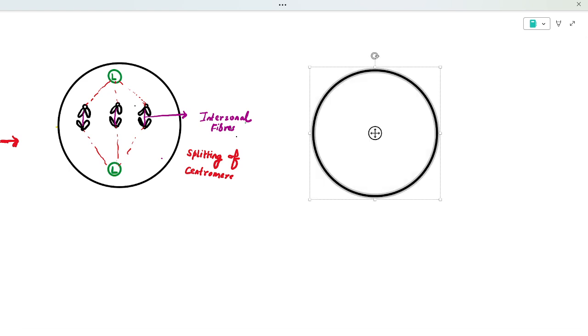There will be elongation of interzonal fibers. Just understand, these interzonal fibers by their elongation push these daughter chromosomes more closer toward the poles.